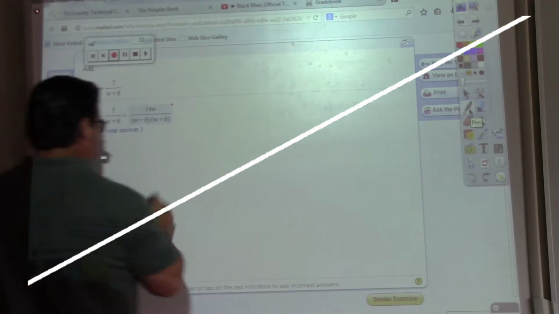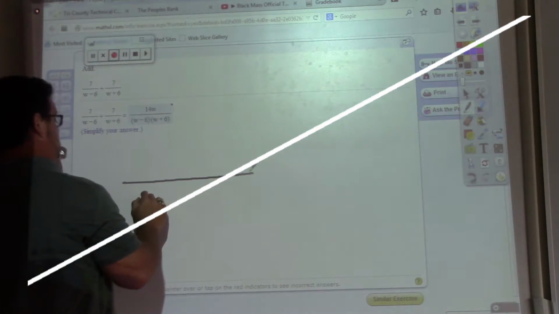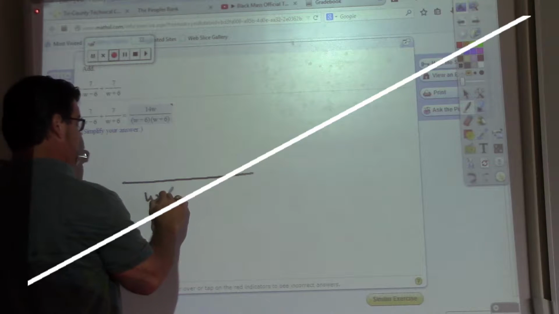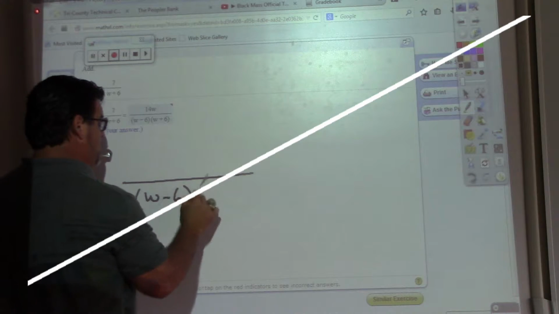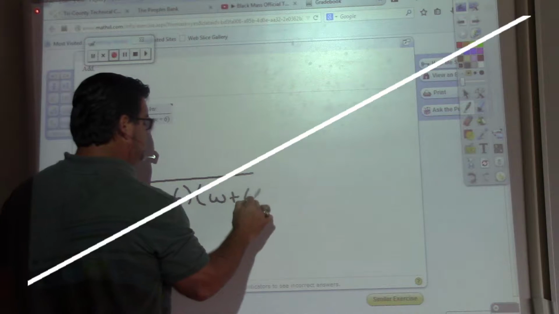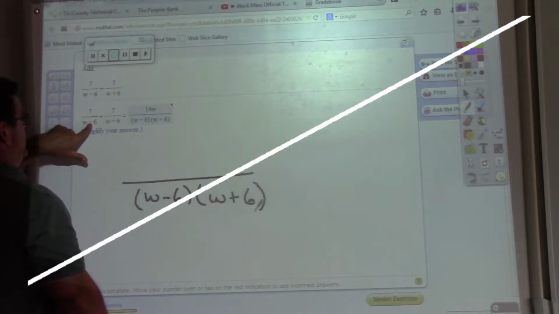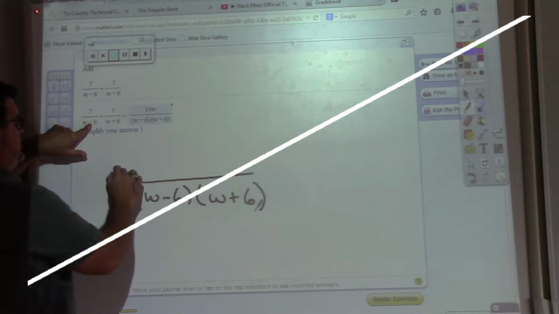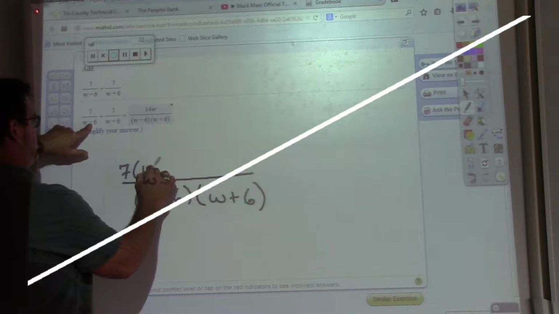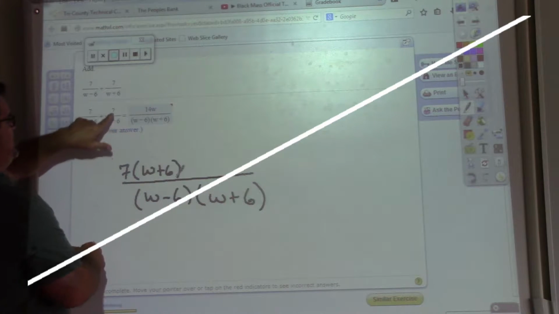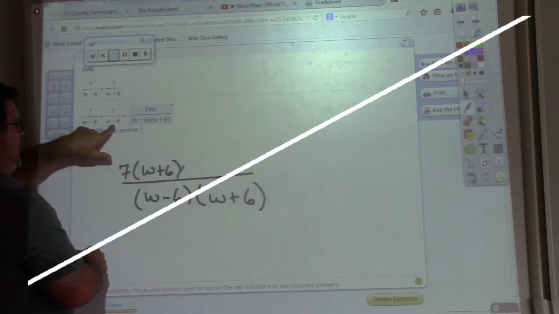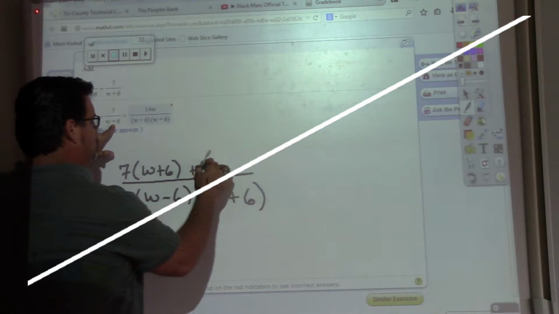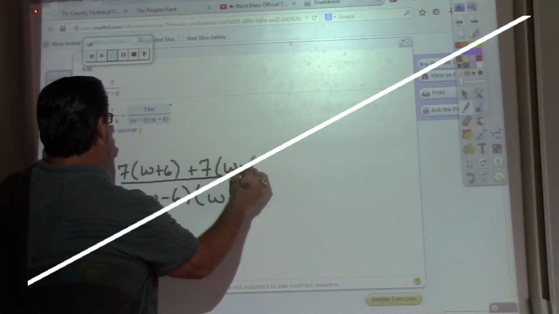So the common denominator is W minus 6 and W plus 6. W plus 6 is missing from here, so that's 7 times W plus 6. W minus 6 is missing here, so that'd be 7 times W minus 6.